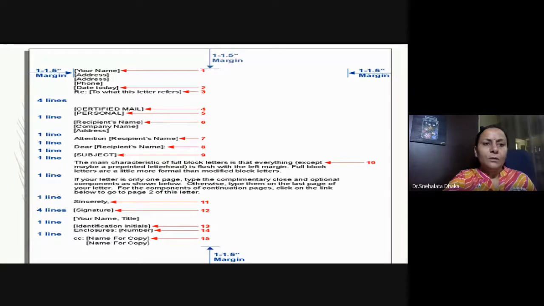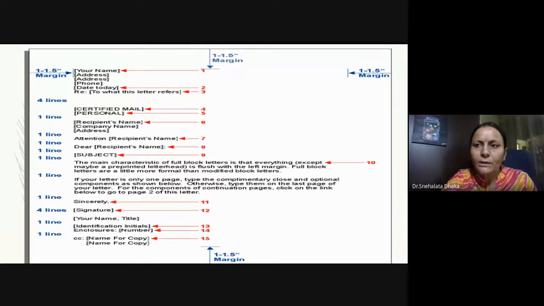Now if somebody wants to go for the other two formats which we have discussed, then there is a slight change only in those formats. In the semi-modified block format, that is the second type of format we were discussing, the first step of information, that is the heading part of the letter, could be shifted to the upper center of the sheet.